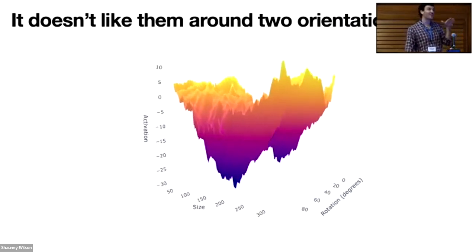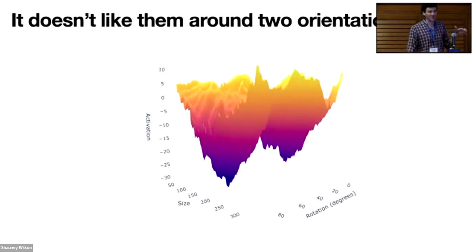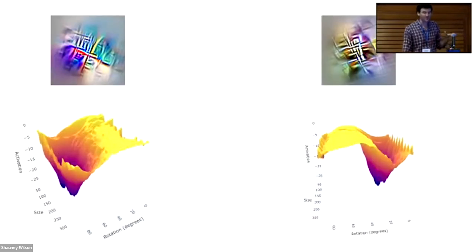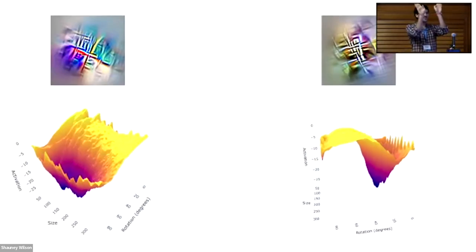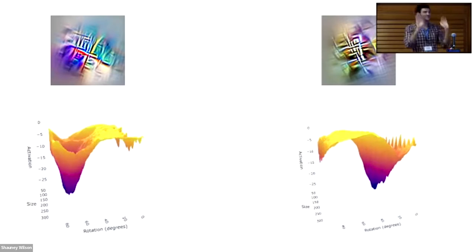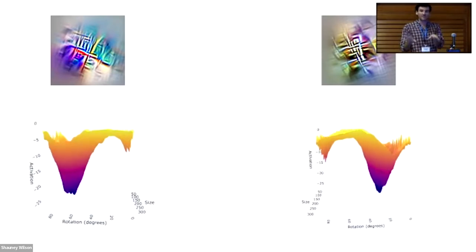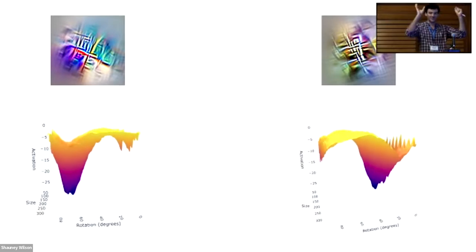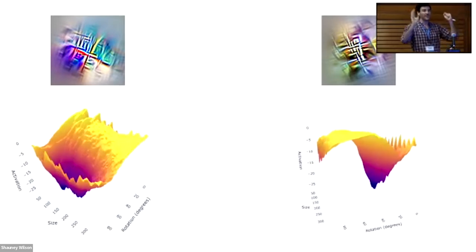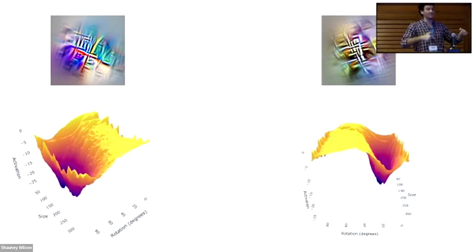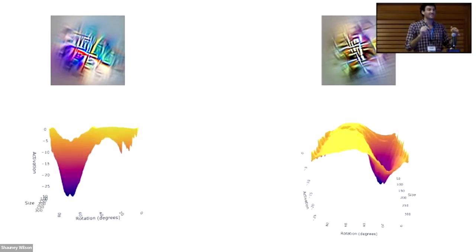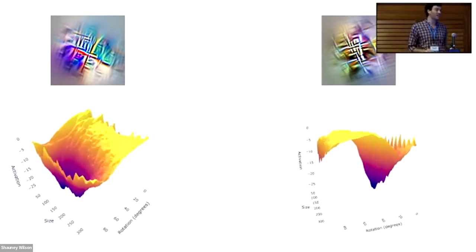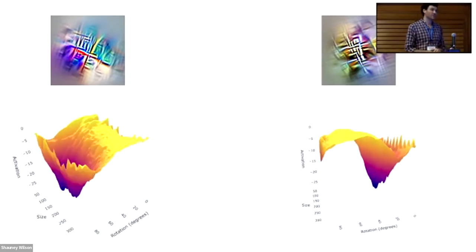You can extract the relevant sub-inhibitory networks, for example. So here we've extracted the subnetworks that inhibit at the two individual orientations. And then you see the activation. This is in 2 dimensions over rotation and size that just isolate the inhibition at one orientation or the inhibition at another orientation. And the feature visualizations are negative feature visualizations, images that that subnetwork really doesn't like. So you can do a bunch of stuff with this.